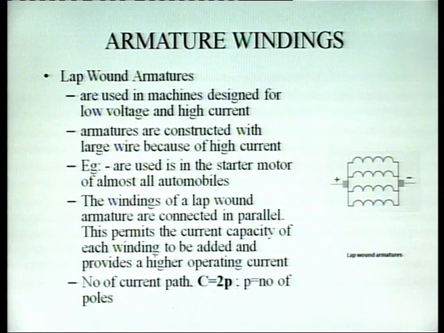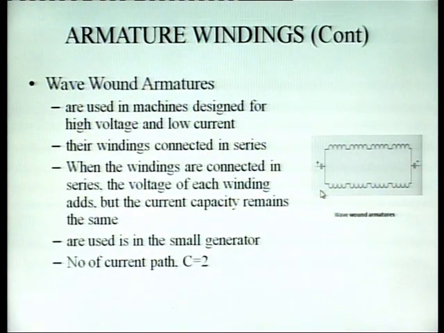This permits the current capacity of each winding to be added and provides a higher operating current. So, all the windings in a lap wound armature are connected in parallel, and the number of current paths is 2 times the number of poles.